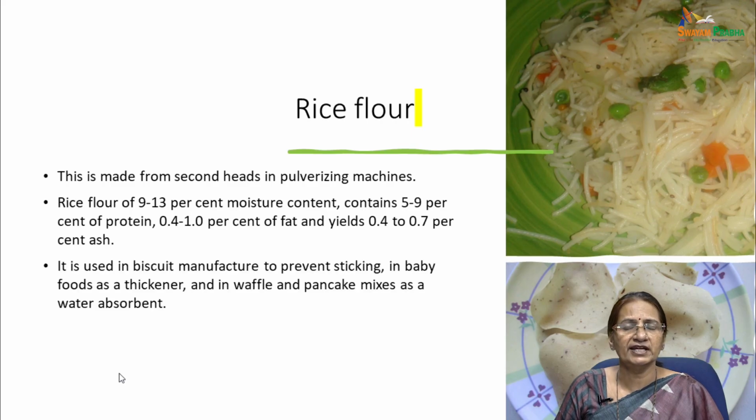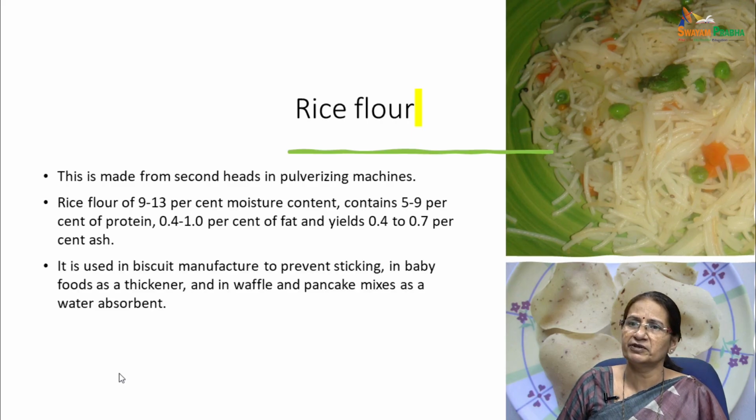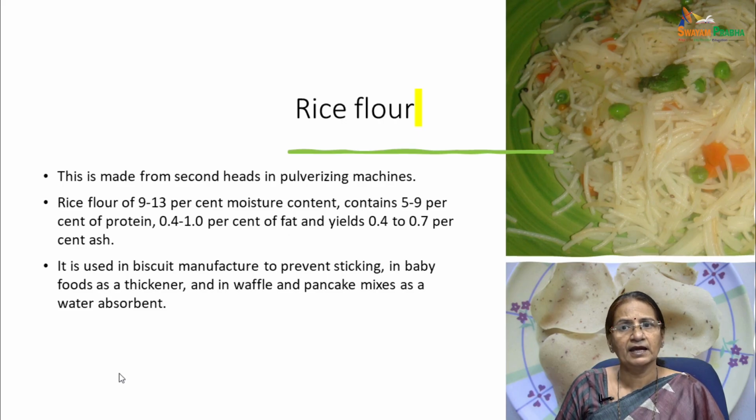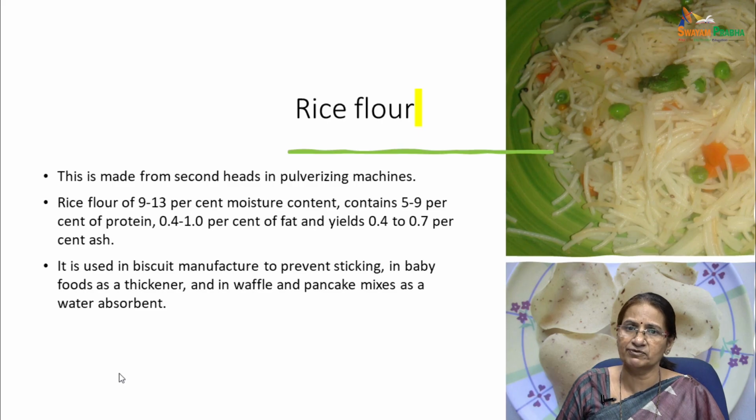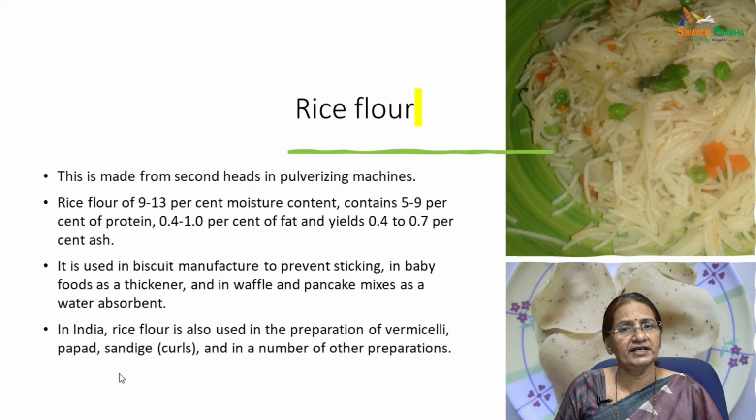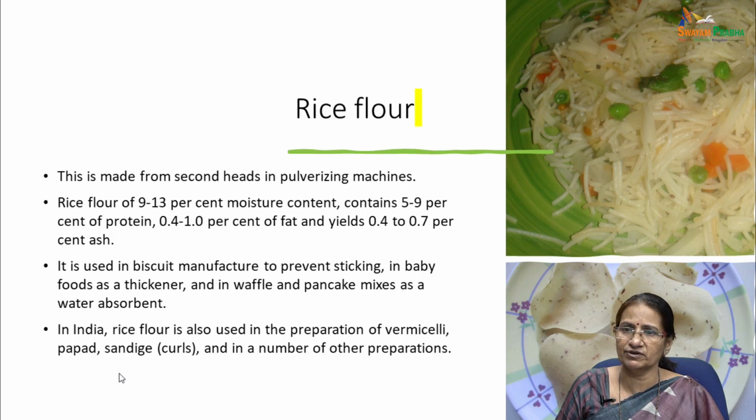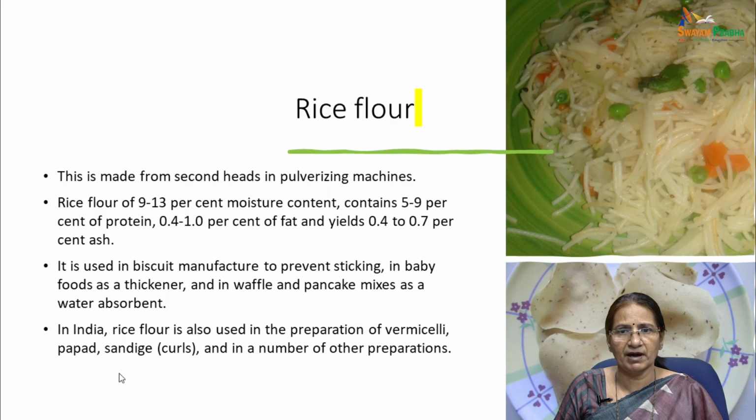It is used in biscuit manufacture to prevent sticking, in baby foods as a thickener, and in waffle and pancake mixes as a water absorbent. In India, rice flour is also used in the preparation of vermicelli, papad, sandige or curls, and in a number of other preparations.